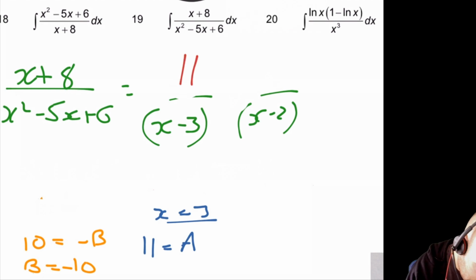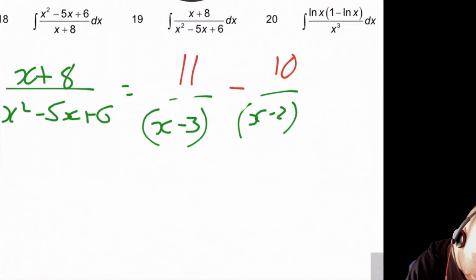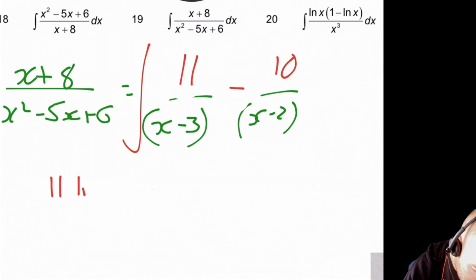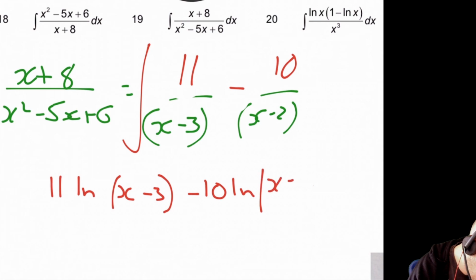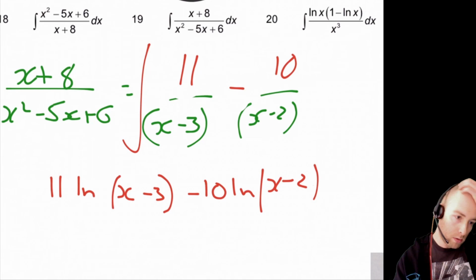So we get 11 there, minus 10 there. Integrate it all. 11 ln of x take 3, minus 10 ln of x take 2. Yeah, good. Well done, Lucas there.